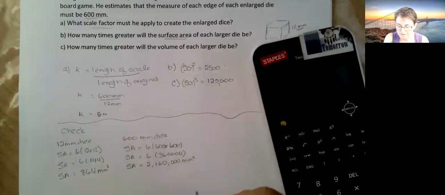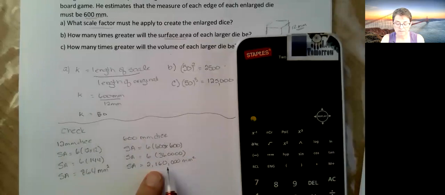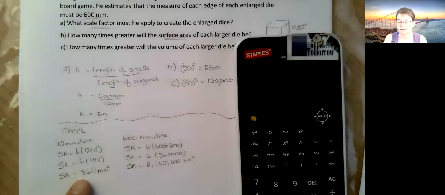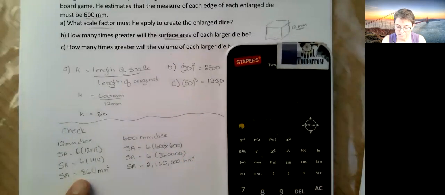Now I should be able to divide this by this. I'm really hoping I can get that. So, divide by 864. Nice.